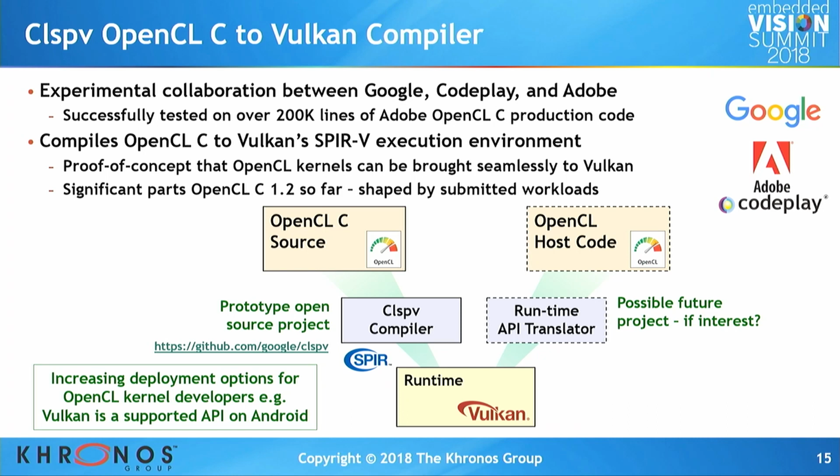It compiles OpenCL into Vulkan SPIR-V. So again, this is the intermediate representations providing a lot more deployment flexibility. Just because you've chosen a language or an API no longer means you have to be tied down to one particular deployment runtime. So this is OpenCL over Vulkan. I think we're going to be putting quite a lot of work into making this production worthy. It's currently a prototype.